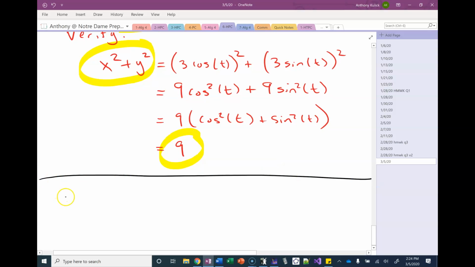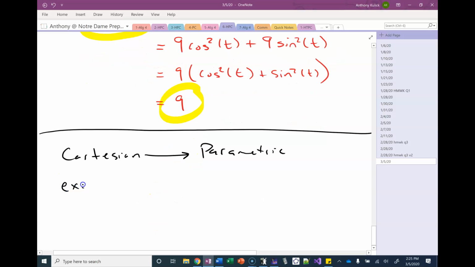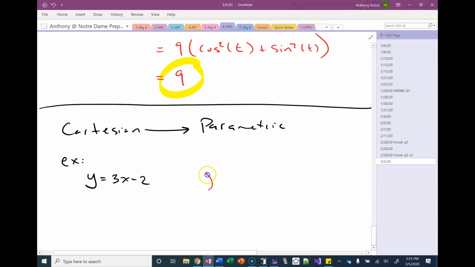Next up, we're going to go from Cartesian to parametric. Do you guys want to do this the hard way or the easy way? Dude, you are such a liar. You definitely want to do it the easy way. Okay?